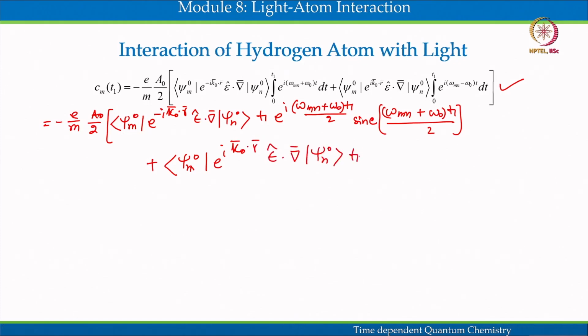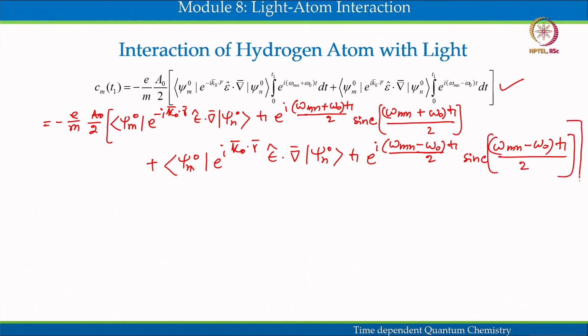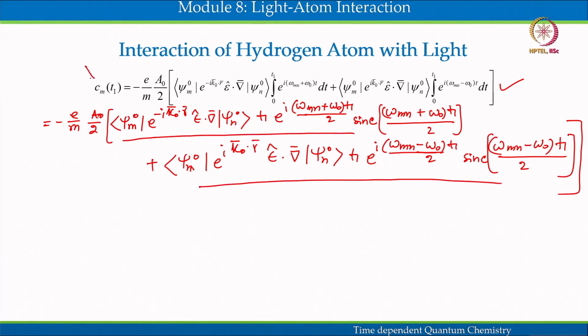Then I have this T1 e to the power i (omega mn minus omega naught) T1 by 2, now using the minus term, and then the cardinal sine function of (omega mn minus omega naught) T1 divided by 2. Then this entire thing is within the bracket. So we have two terms. The first term is this one, and the second term is here. There are two terms which are going to contribute to the population in the mth state.